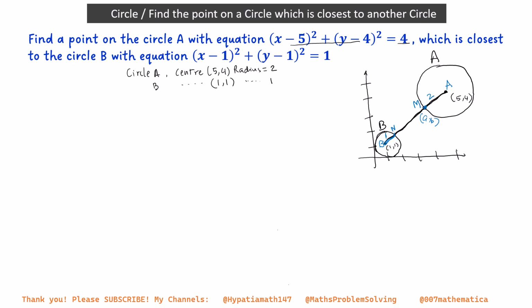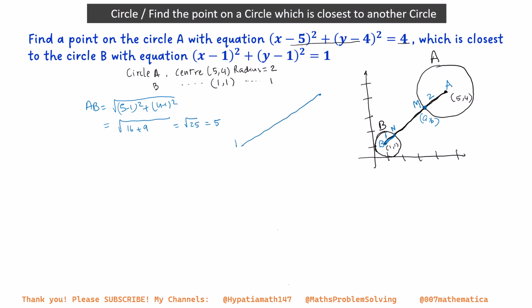So if A was the center, and here B as the center, so I can say AB would be the square root of 5 minus 1 whole square plus 4 minus 1 whole square. That equals 4 square, that's 16, plus 9, and that is square root of 25, and that is 5. So we know AB is 5. Okay, so if I could do it again.